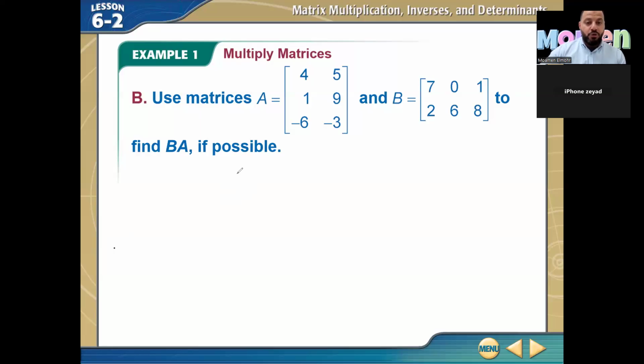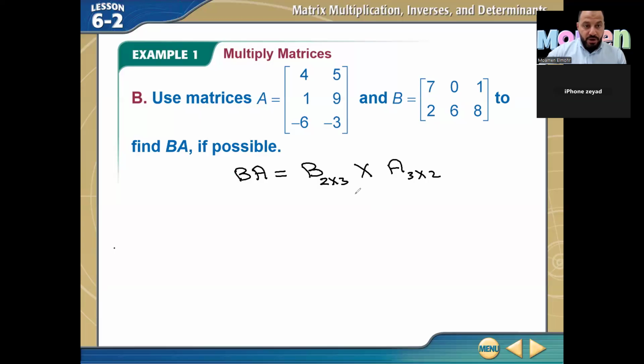Okay, so I need B times A. I need the order of B first. The order of B is 2 times 3. But what about the order of A? The order of A is 3 rows times 2 columns.